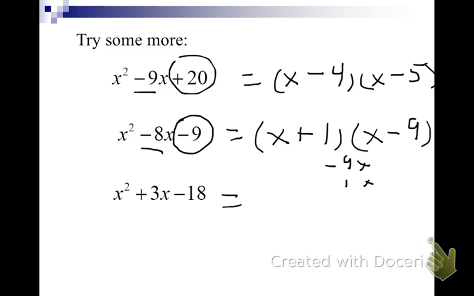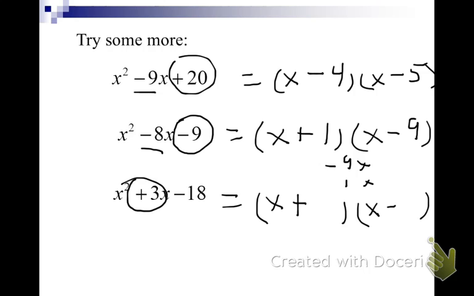And the last one here. What two numbers multiply to negative 18 and add to positive 3? Again, I just put an x in the first location. And I know that the numbers that are going to multiply to negative 18, one has to be positive and one has to be negative. So I'll just make my positive and negative in there. And now, since the middle term is positive, I know that of my two numbers that multiply to negative 18, the bigger one has to be positive.